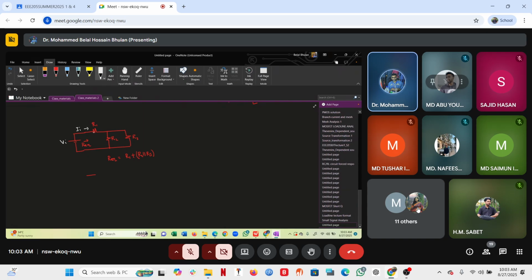So the circuit looks like this, with VI, II, and that's our R equivalent. So what is II? II is simply VI divided by R equivalent. Right? VI divided by R equivalent.